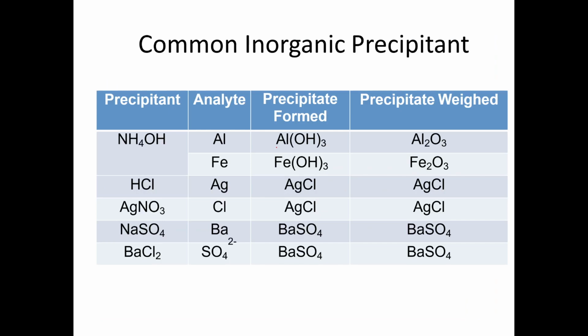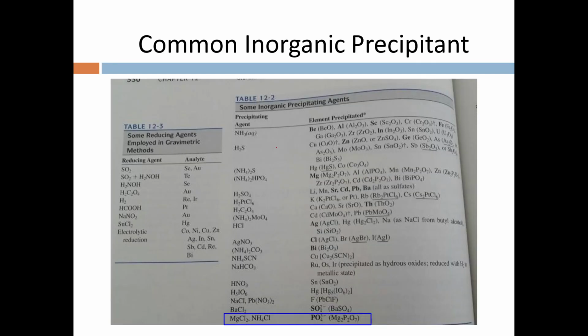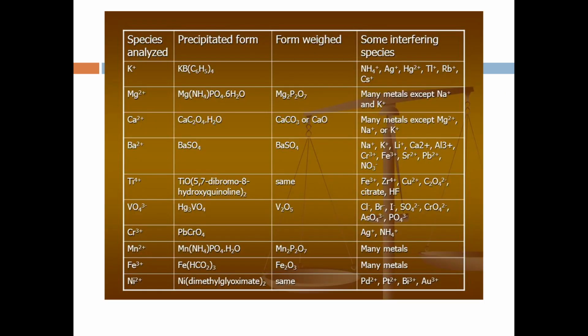Okay. This is the common inorganic precipitate. You can read it on your own. This is another common inorganic precipitate. And this is the table showing what the analyte in the solution is, and what the suitable precipitate is that we produce.